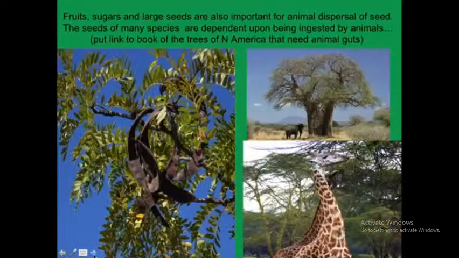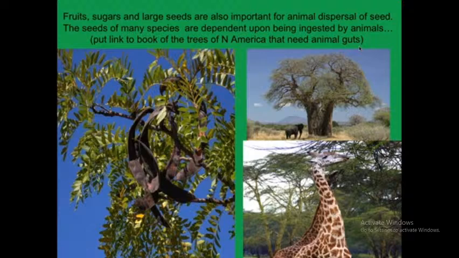Now, the fruit, sugars, and large seeds are also important for animal dispersal of seed. There are some seeds that, for some reason, are adapted to go through the gut of an animal. These are honey locusts, acacias in Africa, baobab, of course, and I'm going to depend on somebody here in the group. I had a link to this earlier.